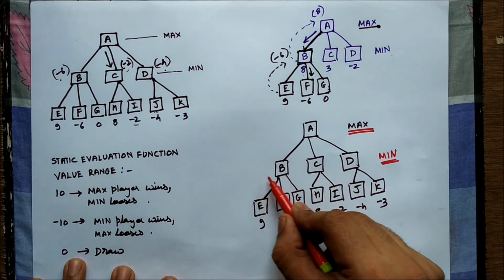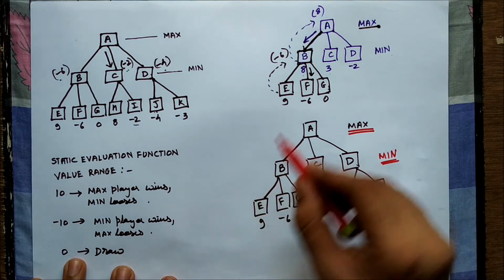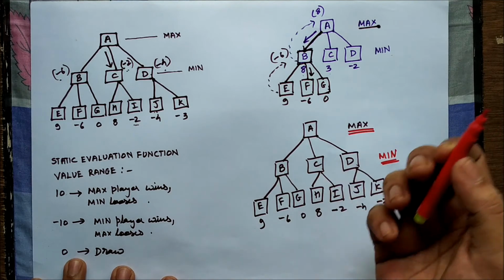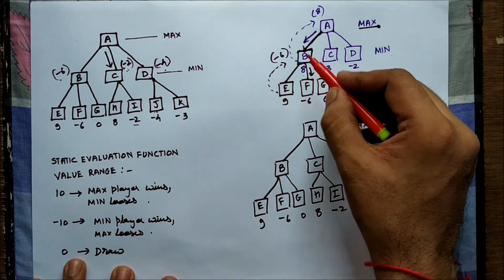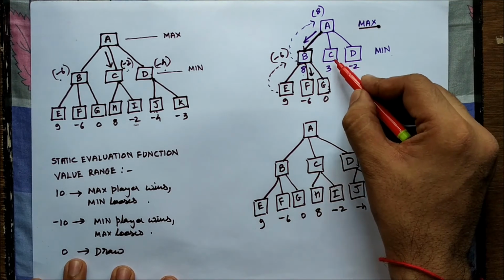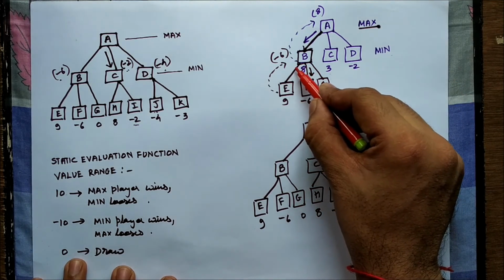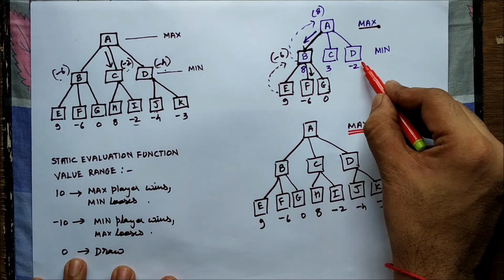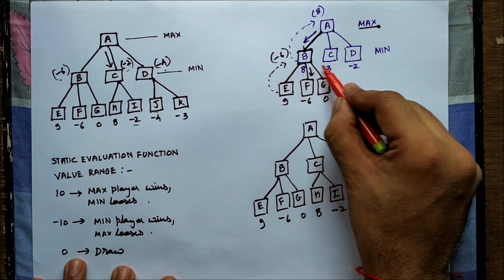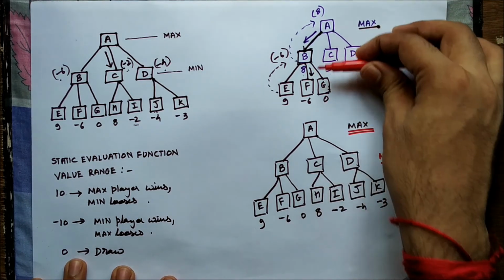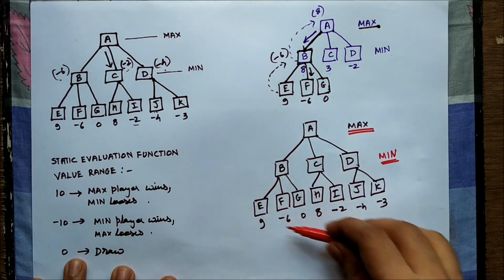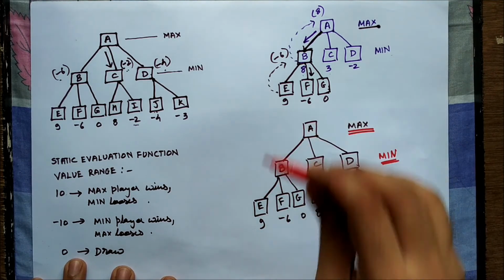At this level, as we have seen earlier, node B has value 8, node C has value 3, node D has value minus 2, but it does not directly confirm the final answer based only on the next level. It foresees one more level in advance so that this entire tree is visible to it.